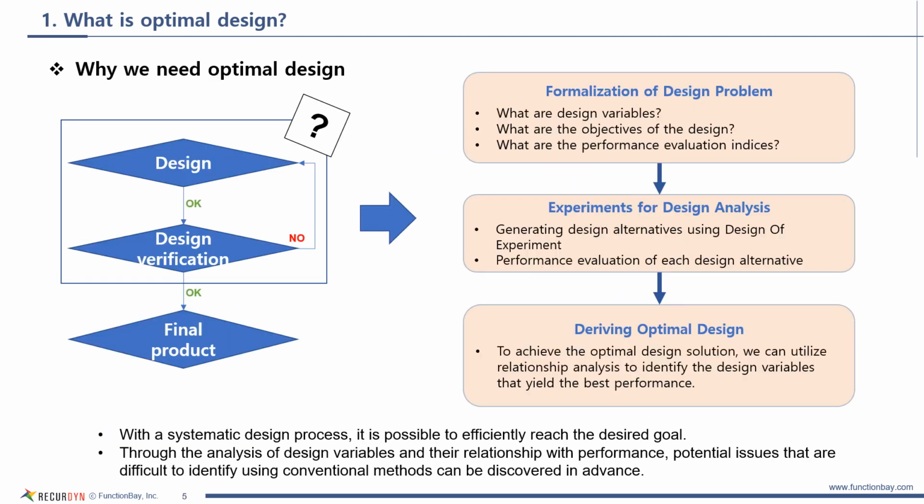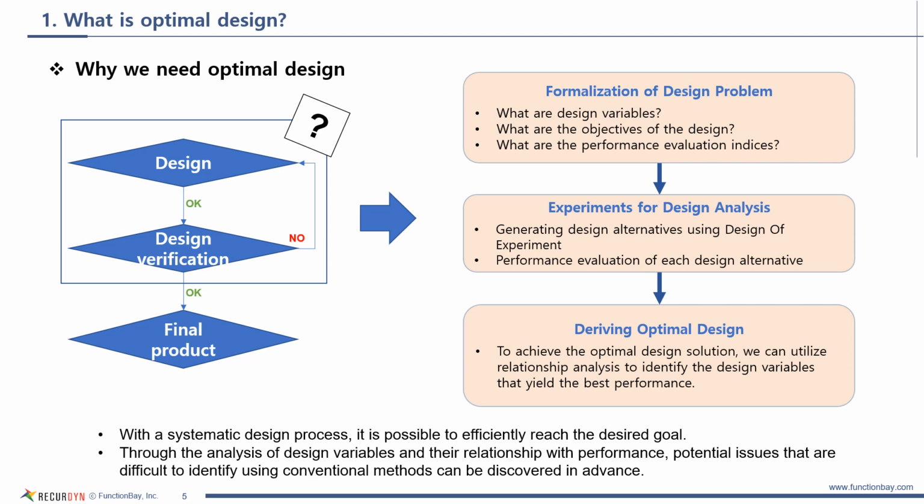If that's the case, why do we need an optimal design? Intuitively, we can think of the process on the left to find the optimal design. After conducting the design, we create a prototype for design verification and proceed with the testing. If your desired performance is achieved, we move on to the process of creating the final product.